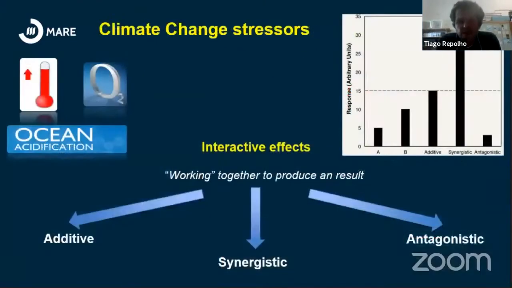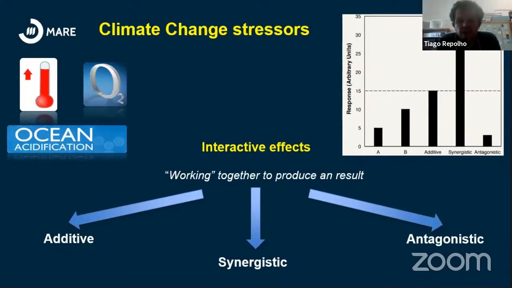So moving up to climate change stressors, they could act singly or in combination. And when they act in combination, they can have interactive effects. Basically, they work together to produce a result. And that result can be either additive, synergistic, or antagonistic.